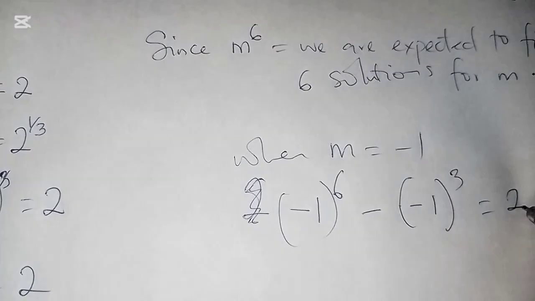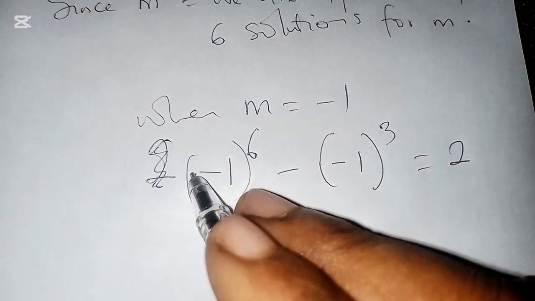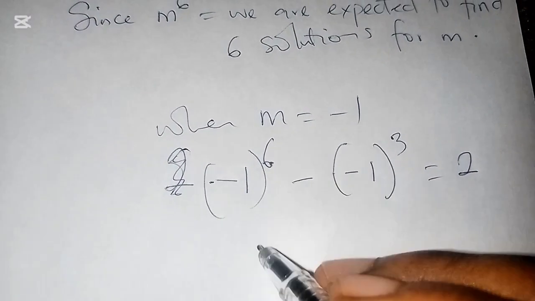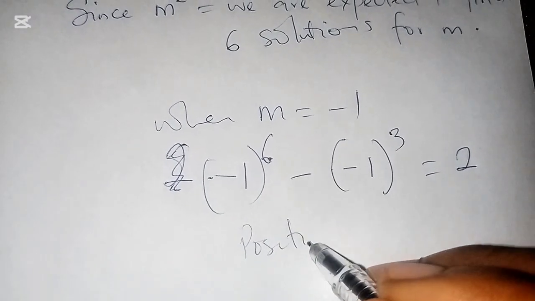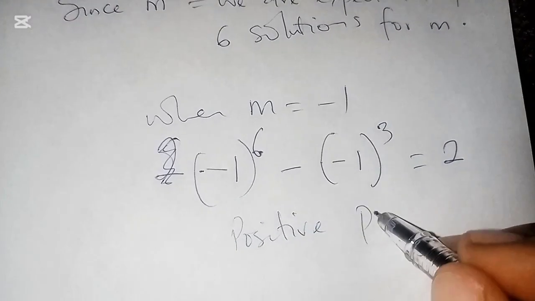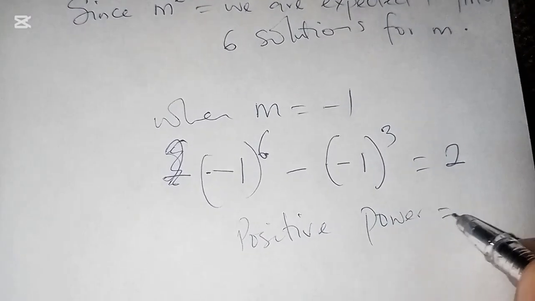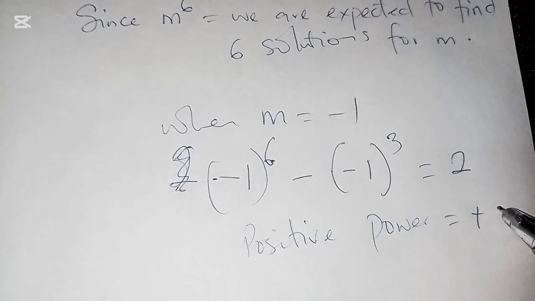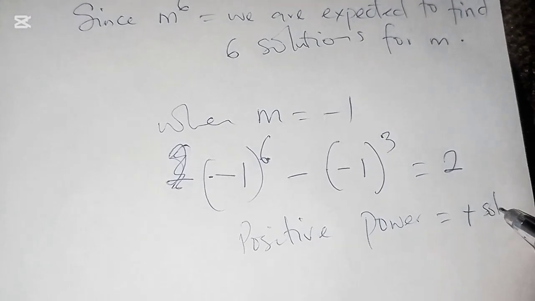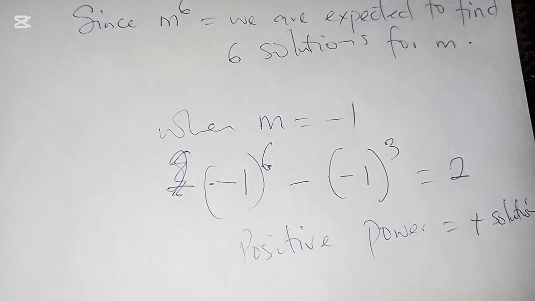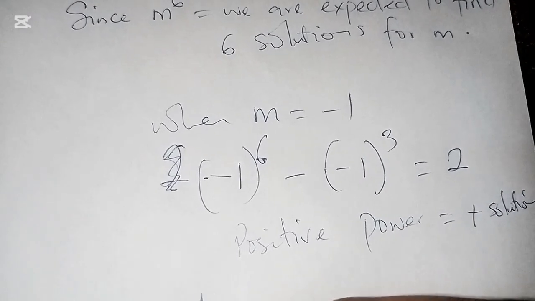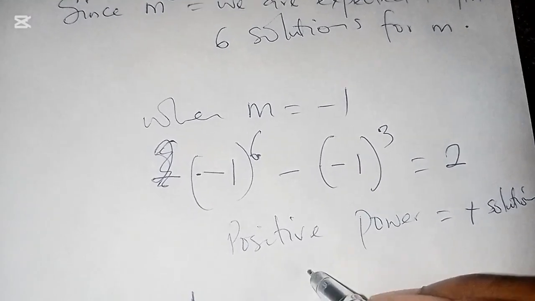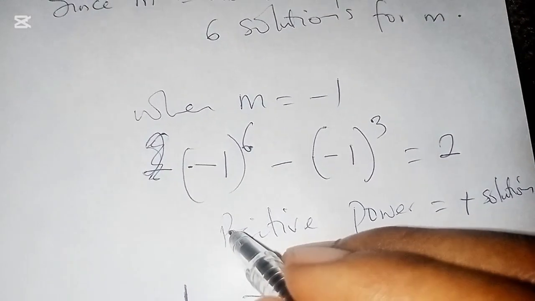We're going to look at another one when m is equal to -1. So -1 all to the power of 6 minus -1 all to the power of 3 equals 2. So when it's raised to a positive power, we're definitely going to have a positive answer. So it's going to give us 1 there. Positive solution.